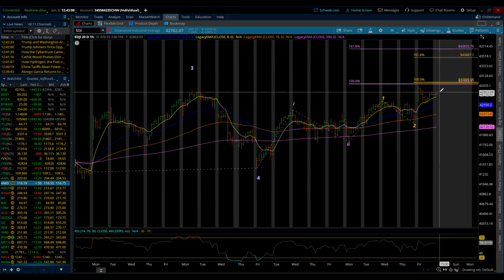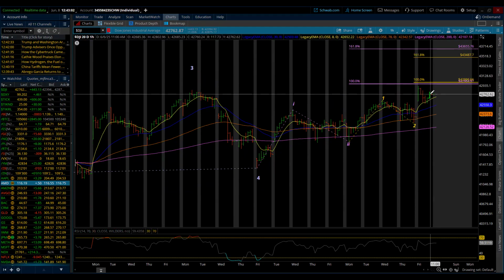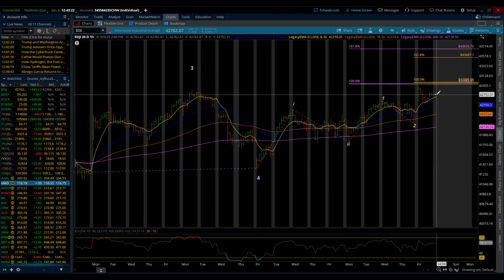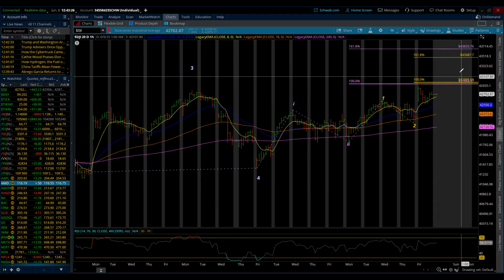Maybe not all for Monday. Don't forget, we're going to start Monday, at least the cash market comes in at 42,763. So depending on what happens in this futures market overnight, also within Asia and European markets, I would think if we're going to go up, the Dow cash is going to gap.